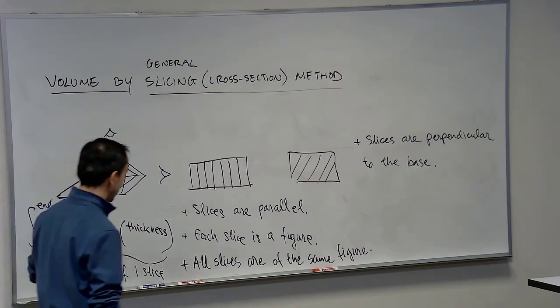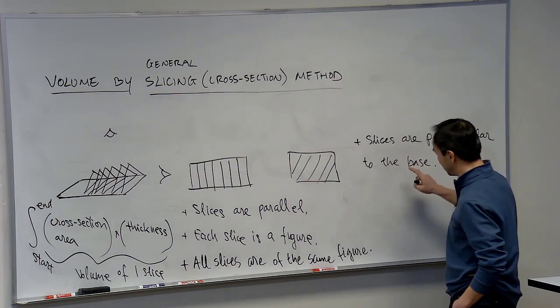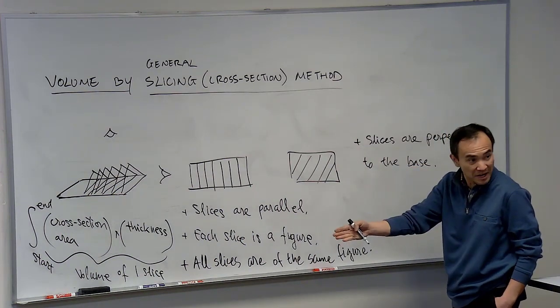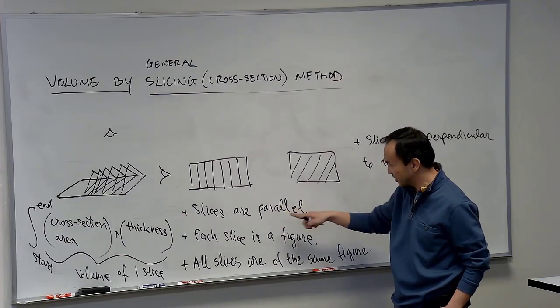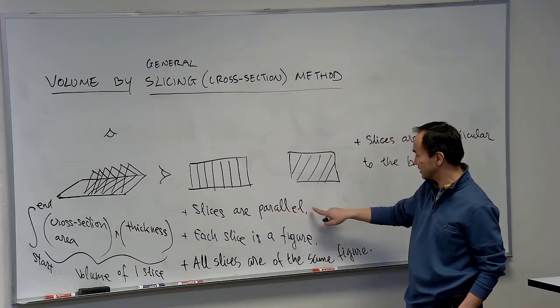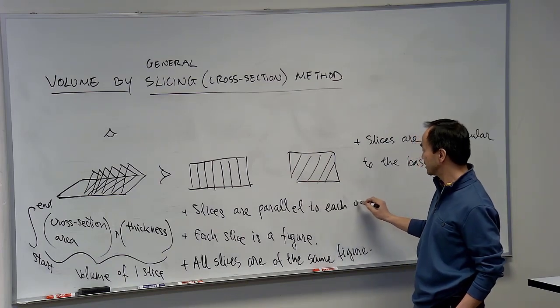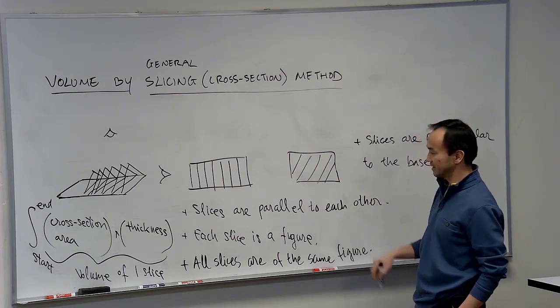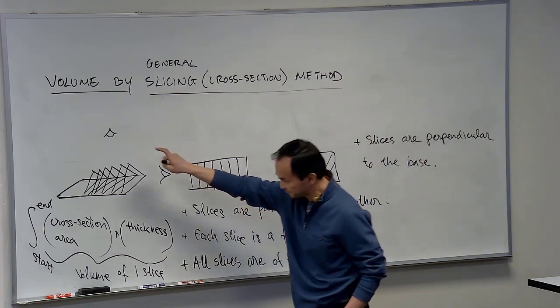Those are a few characteristics you can remember. The slices have to be perpendicular, standing straight up from the base. The slices are parallel with each other. All slices are parallel to each other. And each slice is a figure itself, and they have to be all the same figure.